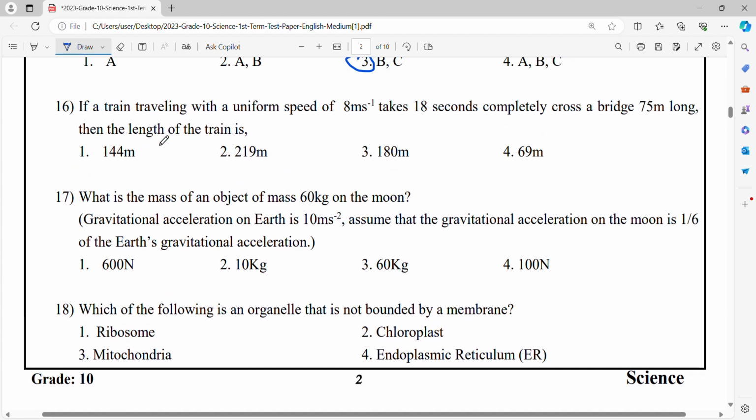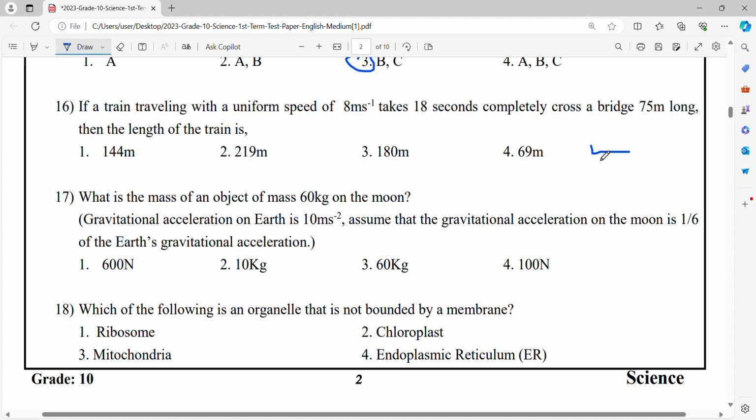If a train traveling at a uniform speed of 8 m/s takes 18 seconds to completely cross a bridge 75 meters long, then the length of the train is? So here imagine this is the bridge. The train starts to cross the bridge.